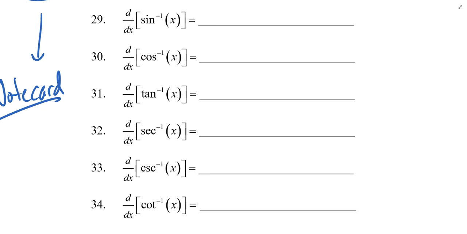Somebody working in this field would likely reference these derivatives in a chart or in a table off to the side. The first 28 or so, however, I think are good to be memorized because we'll use them so frequently that it's going to be faster to have them memorized. But this last group, it's fine to look them up.